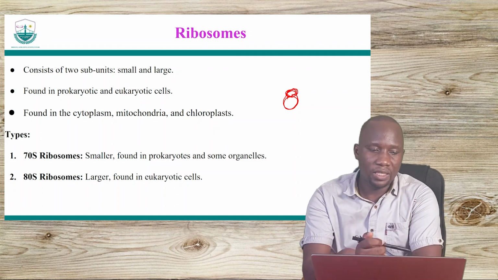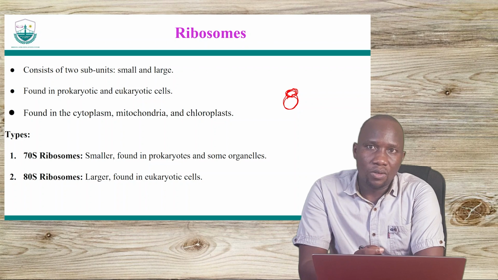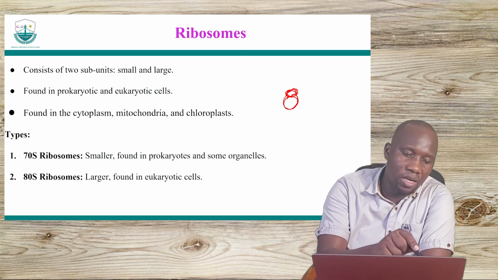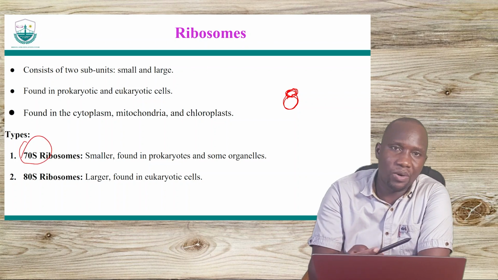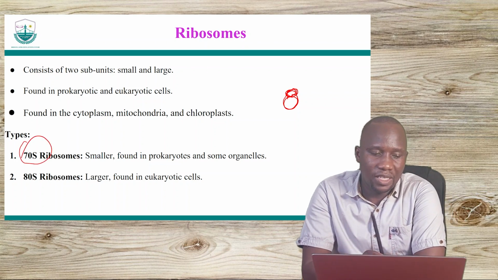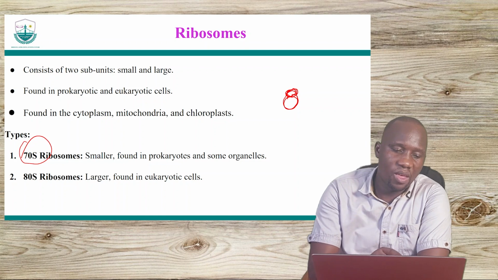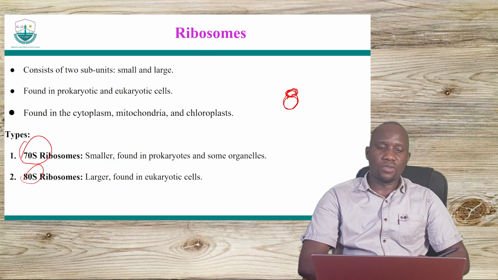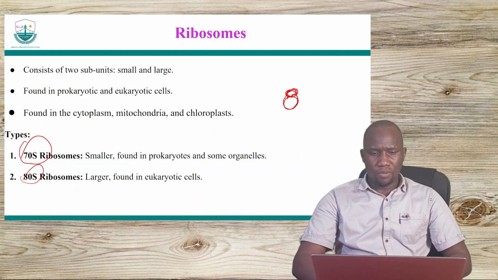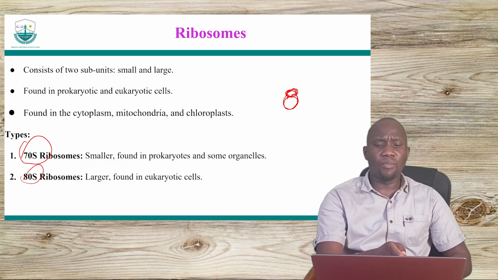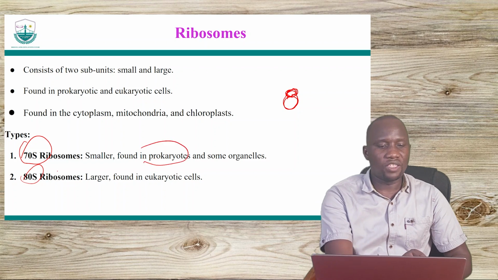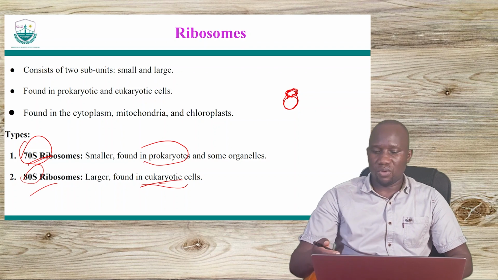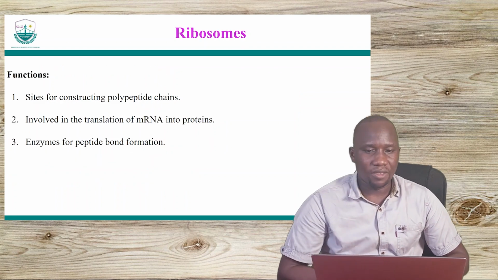We have ribosomes that are larger and those that are smaller. The small ones are the 70S ribosomes, and the larger ones are the 80S ribosomes. In prokaryotic cells you find the smaller ribosome; in eukaryotic cells you find the larger ribosome.